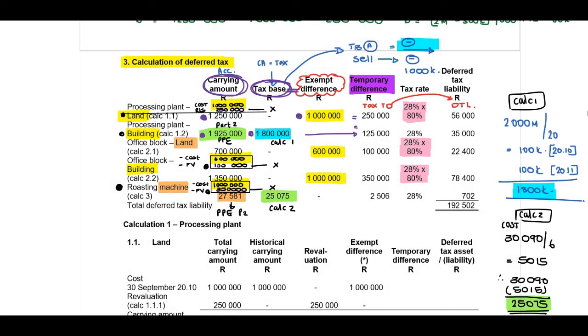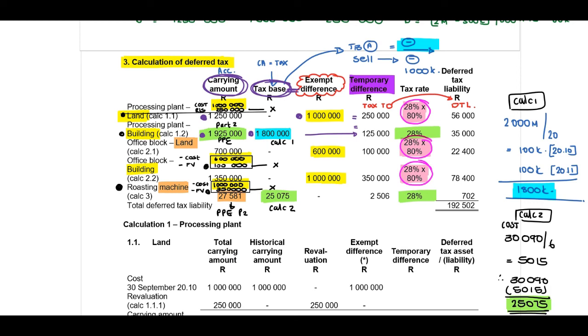Again, this is a bunch of rules that you need to know. Land, CGT. Investment property, the fair value adjustment, CGT, CGT. Our building, we will use. Therefore, if we use the building, this is at 28%. If we use the machine, the recovery is at 28%. And this will result in deferred tax liabilities.